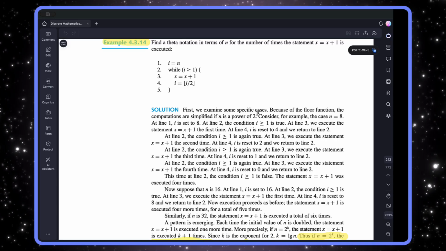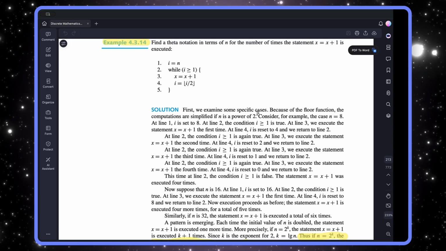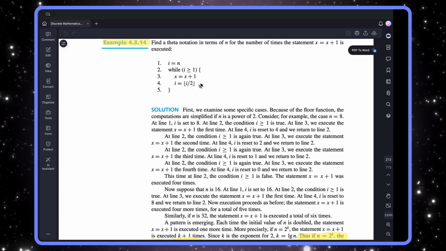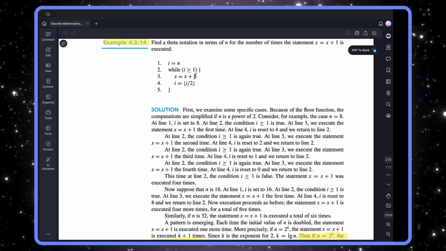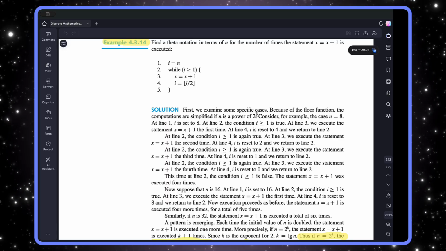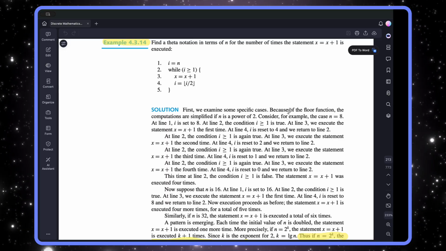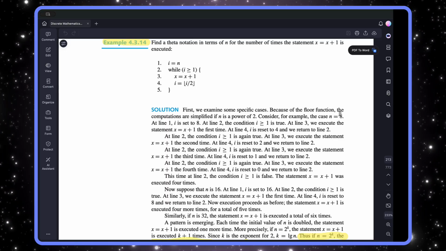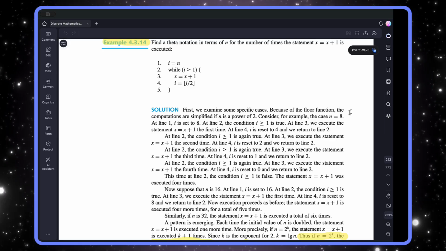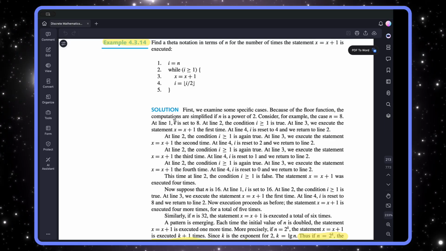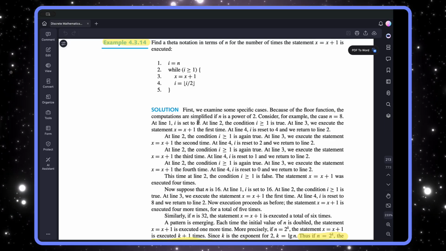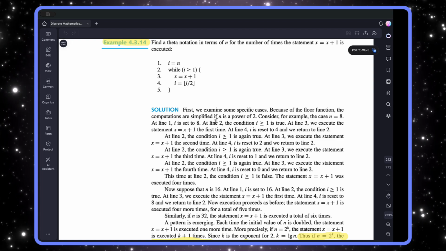That makes a lot of sense because when it's a power of 2, each time you do i equals i divided by 2, you're just reducing the exponent. So let's consider, for example, the case when n is equal to 8. When n is 8, at line 1, i is set to 8.